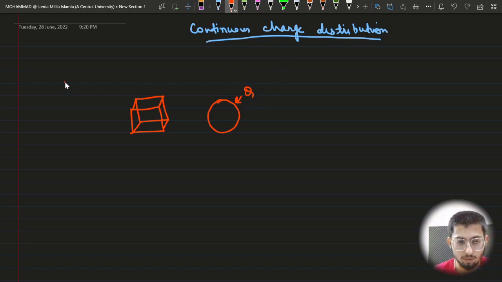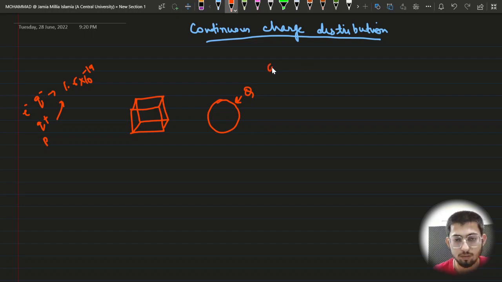This is not 1.6 into 10 to the power minus 19. That is a small q, minus q or plus q. Plus is for proton and minus is for electron. This capital Q means the whole charge is situated here. And you can find another case like this where you have some charge. So charges are found in nature in bulk. That is called continuous charge distribution.